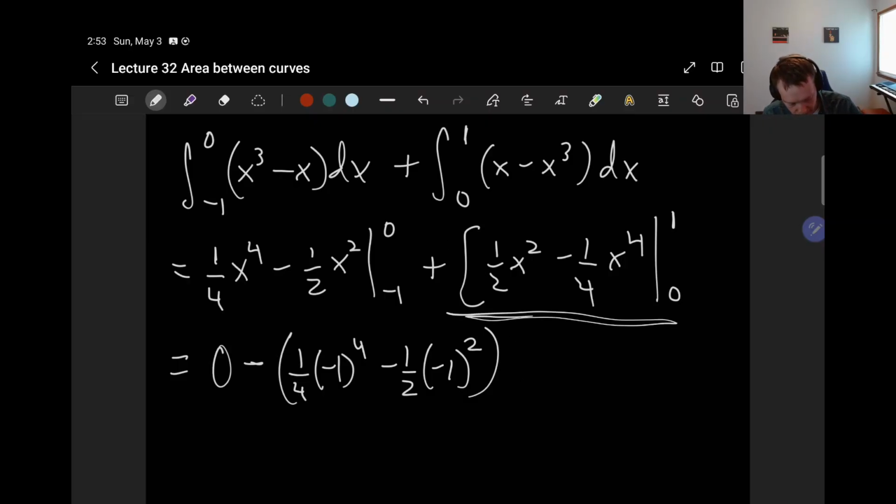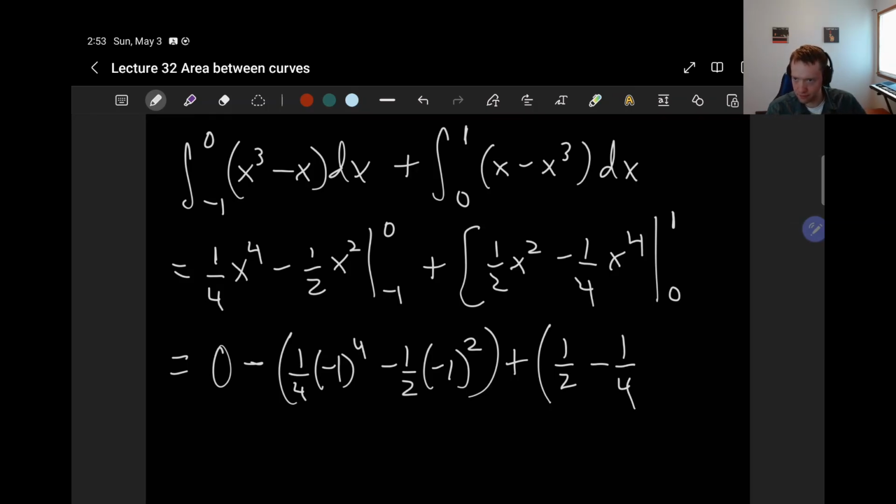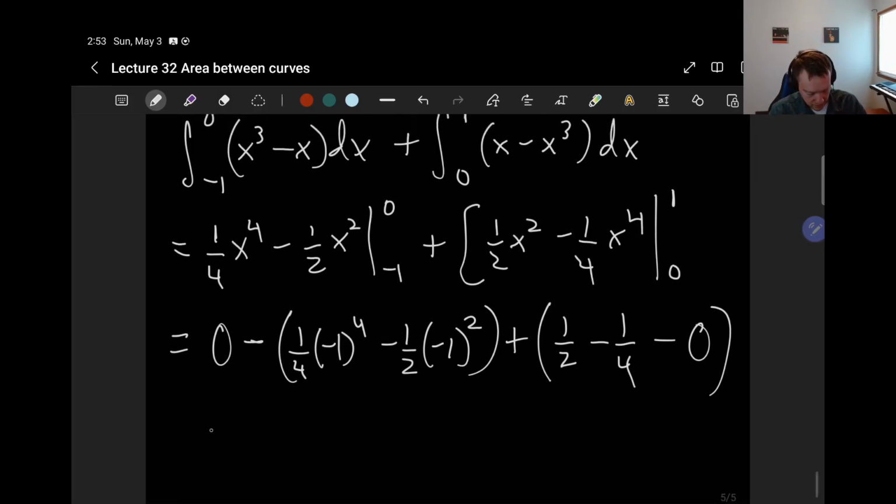And now on this right side, we'll have 1/2 times 1 squared. Let's just call that 1/2. Minus 1/4 times 1 to the 4th. Minus, plugging in 0. Well, again, that's going to be 0 for both terms. So here I get 1/4 minus 1/2.